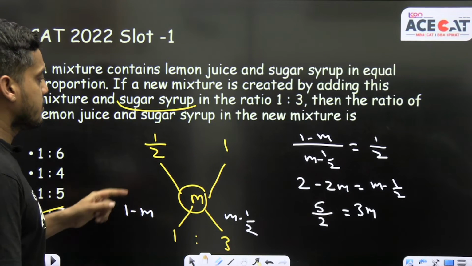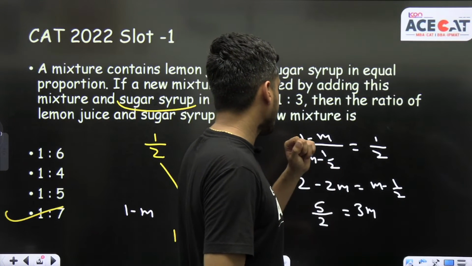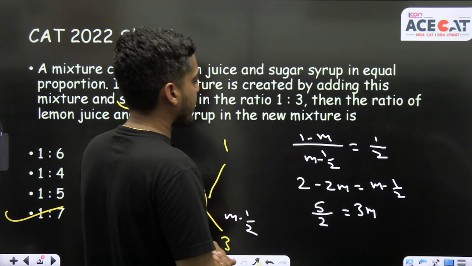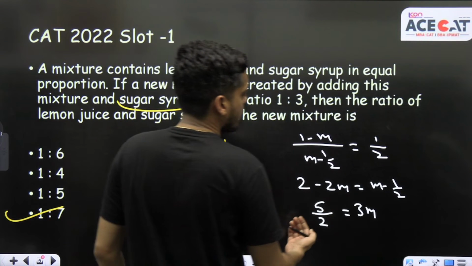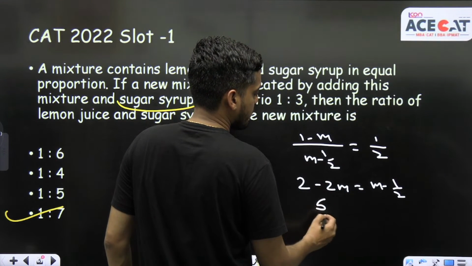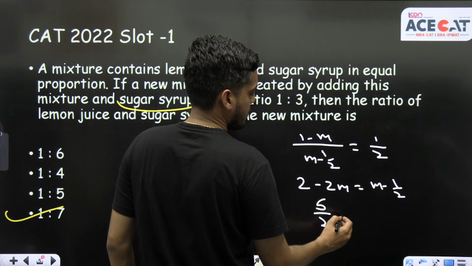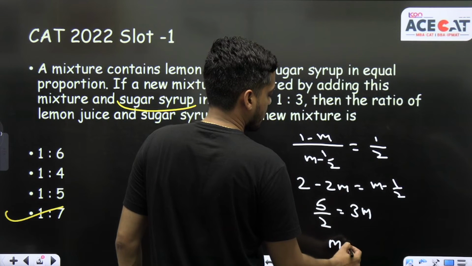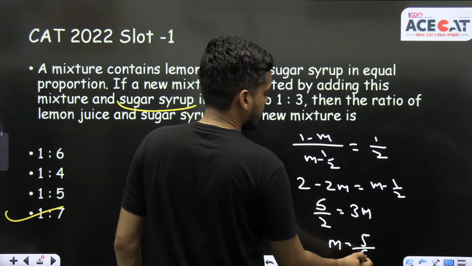Okay. Just check this calculation, guys. Are we doing any mistake? 2 minus 2M must be equal to M minus 1 by 2. So it will be what, beta? 2 plus 1 by 2. 5 by 2 must be equal to 3M. So M must be equal to what, beta? 5 by 6.